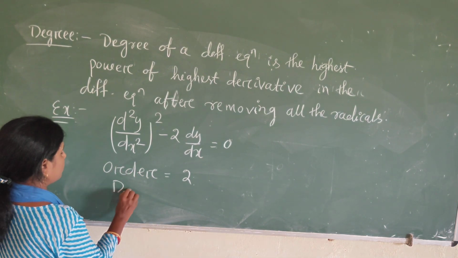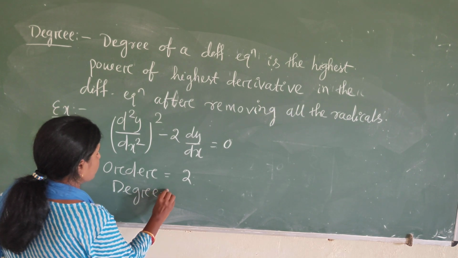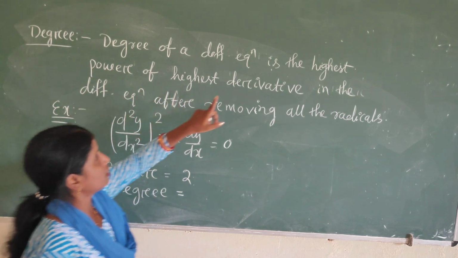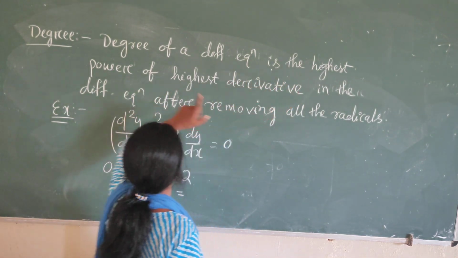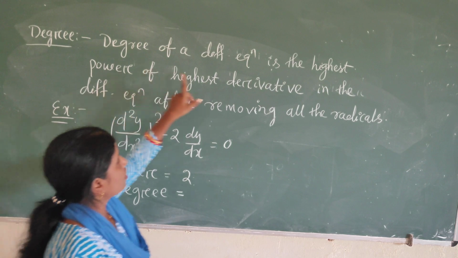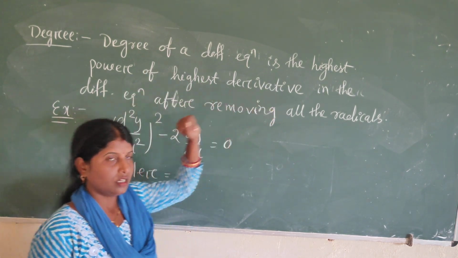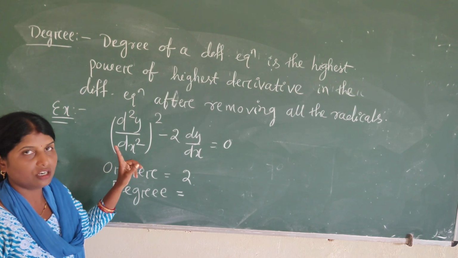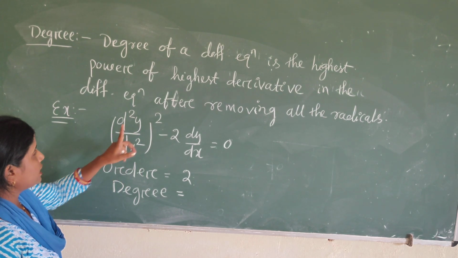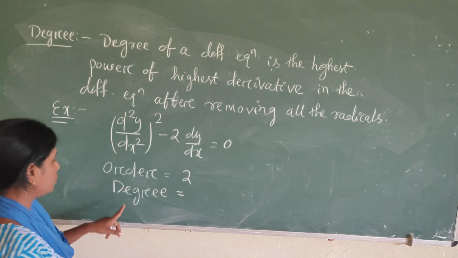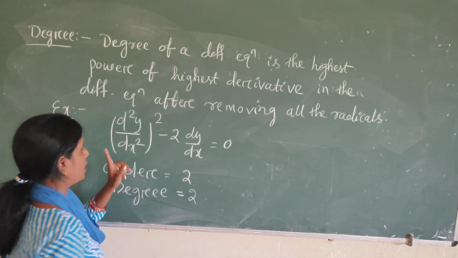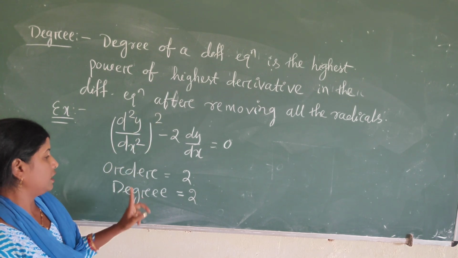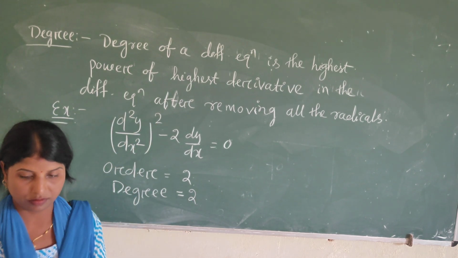Now what about degree? The definition of degree is the highest power of the highest derivative. Here the highest derivative is d square y by dx square, and its power is 2. So our degree is 2.